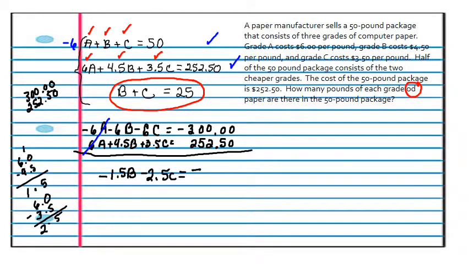It makes it a little bit easier. We're stealing from the 300, just one of them, so it makes it 299. That's how it works. And that's going to be a 7, a 4, and it's gone, so negative 47.50.